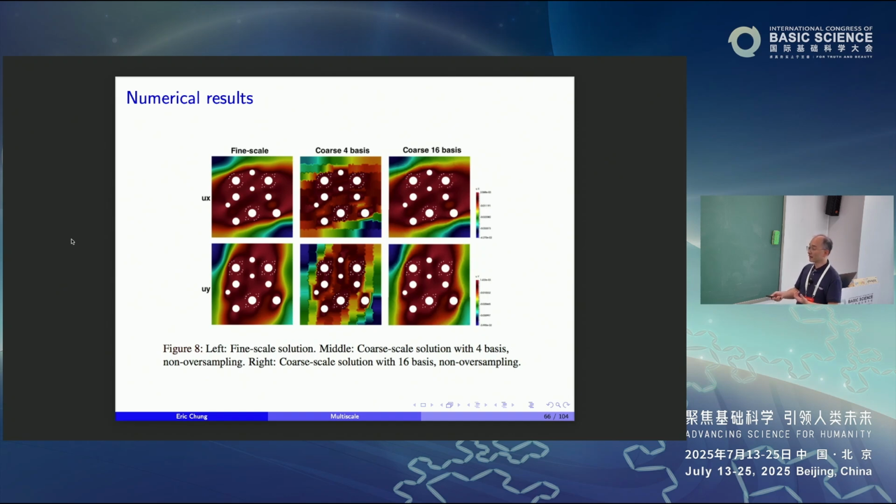This is the reference solution computed on a very fine computational mesh. Then this is the solution using 4 bases. And the last column is the solution using 16 bases. And you see that the last column is very close to the reference solution.